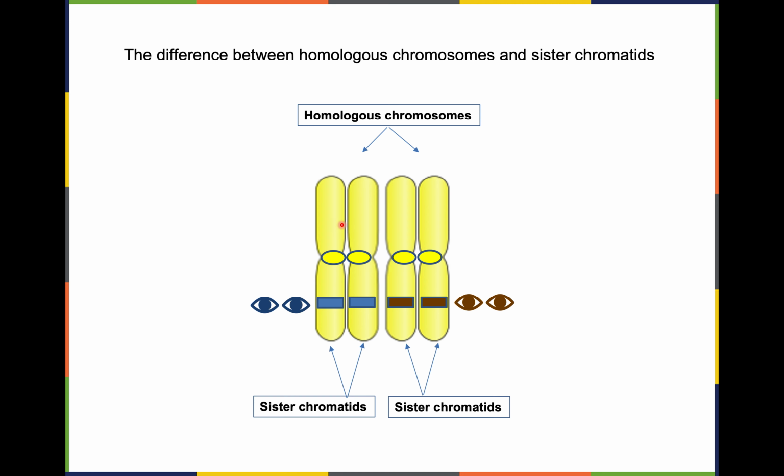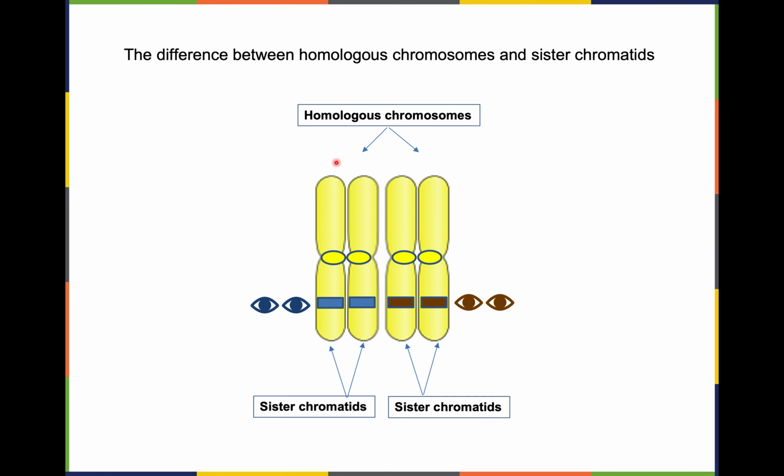But these two chromosomes here, we call them sister chromatids. They're attached through the centromere and they are identical. These are sister chromatids. So this is homologous to this chromosome. They have the same genes, but they carry different versions.